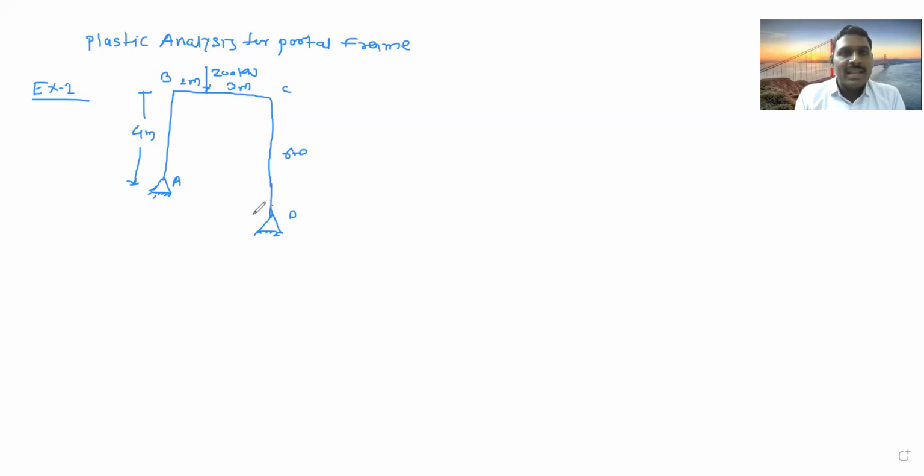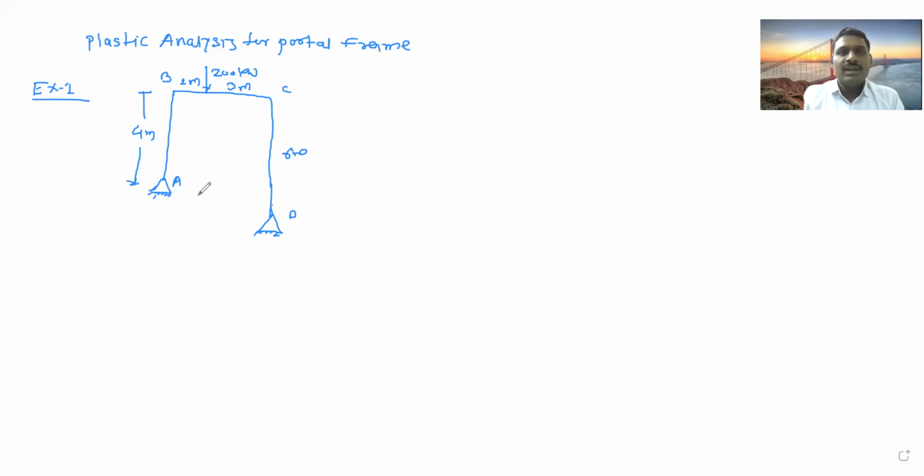Now we have to analyze this frame by using the plastic method. It means we have to do the plastic analysis for this particular portal frame. So please draw it, then we will solve this by using the mechanisms. I think we have seen 4 or 5 mechanisms.